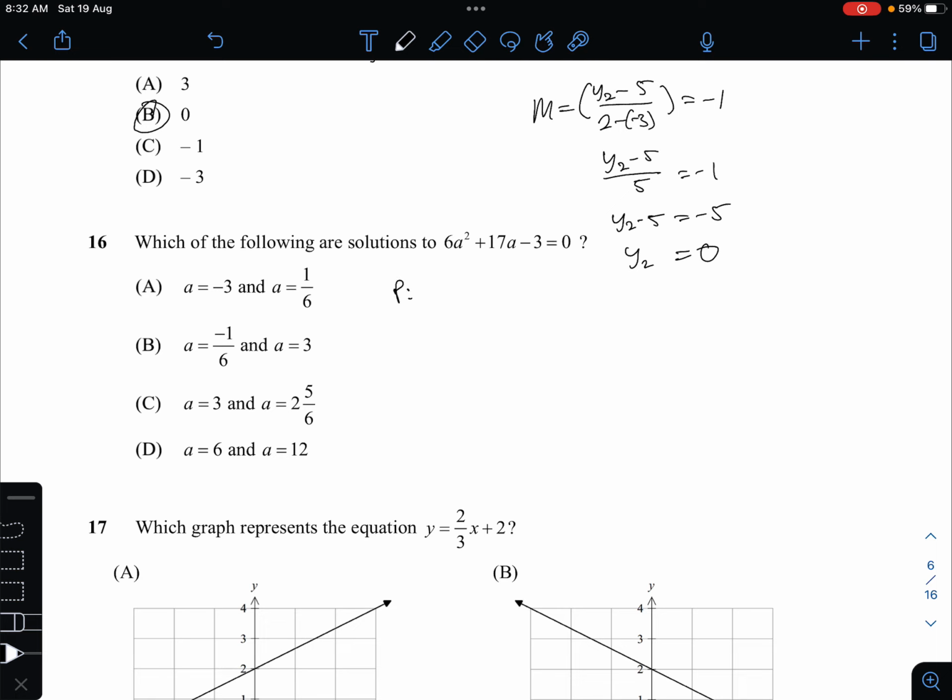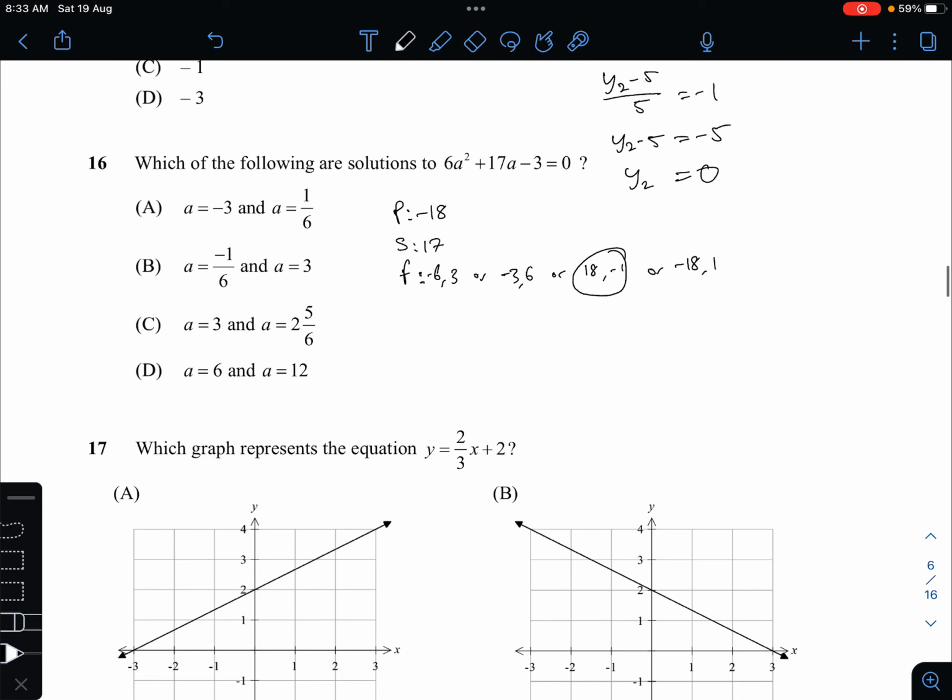So product is -18, sum 17, and factors 6, -3, sorry, -6, 3, or -3, 6, or 18, -1, or -18, 1, and I could continue with 9 and 2 and whatnot, but you can pretty easily identify that 18 minus 1 is 17, therefore those are your factors.